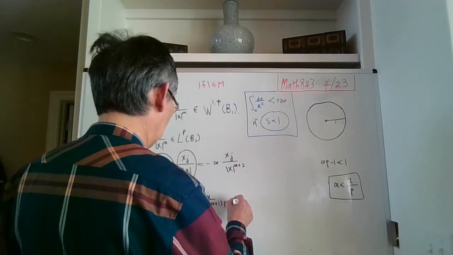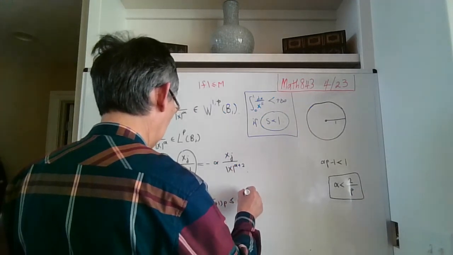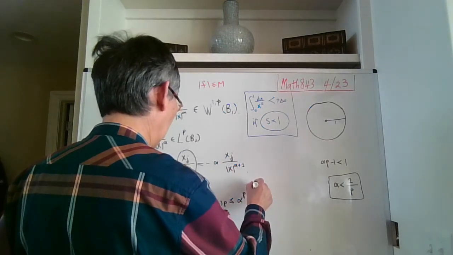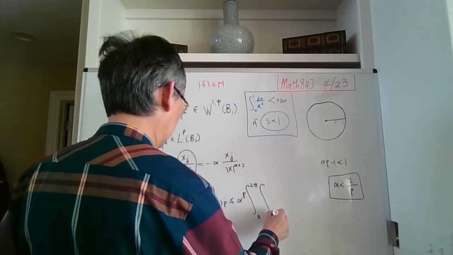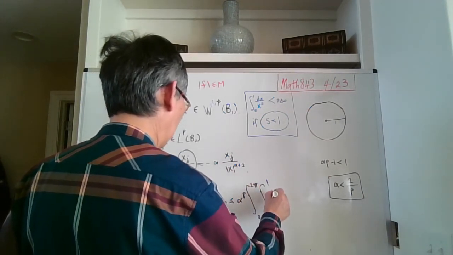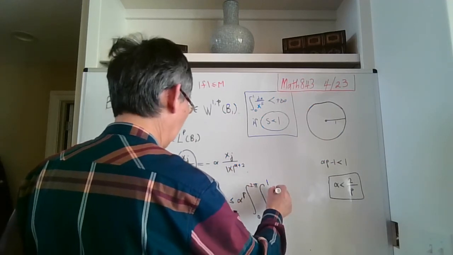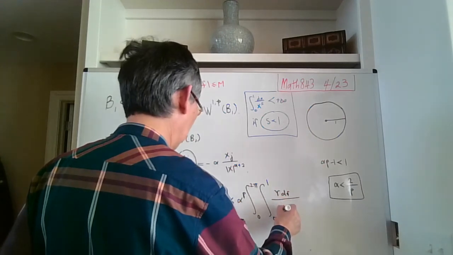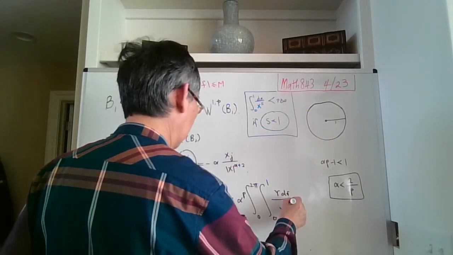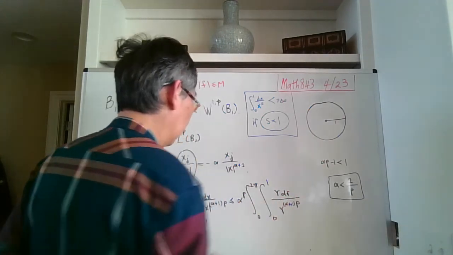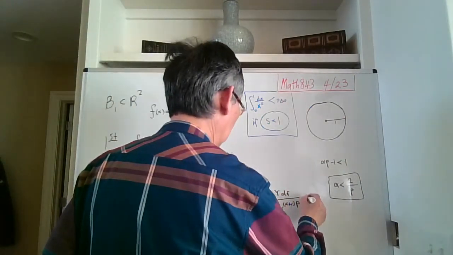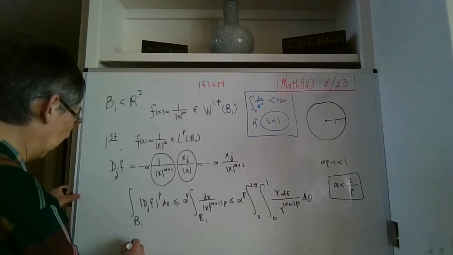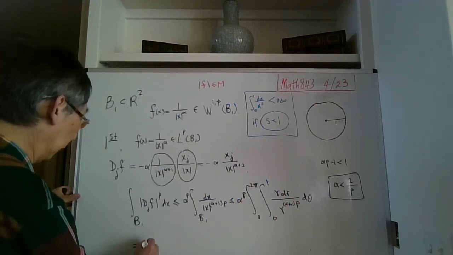So this is less equal than alpha p, and so turn this into polar coordinates, 0 to 2 pi and 0 to 1. Then you have an r, so r dr, then you have an r to the alpha plus 1 to the p, like this. Okay, so you can see that this is equal to alpha p.